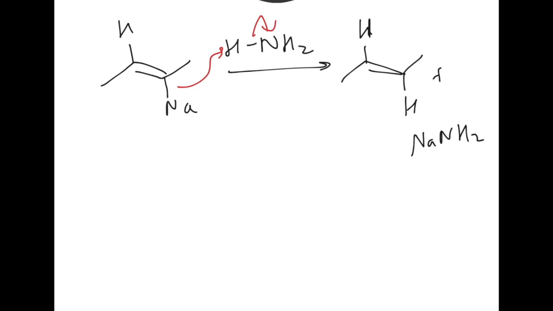So this always gives us the trans double bond. So we can use Lindlar's to make the cis, and we can use sodium ammonia or lithium ammonia to make the trans.